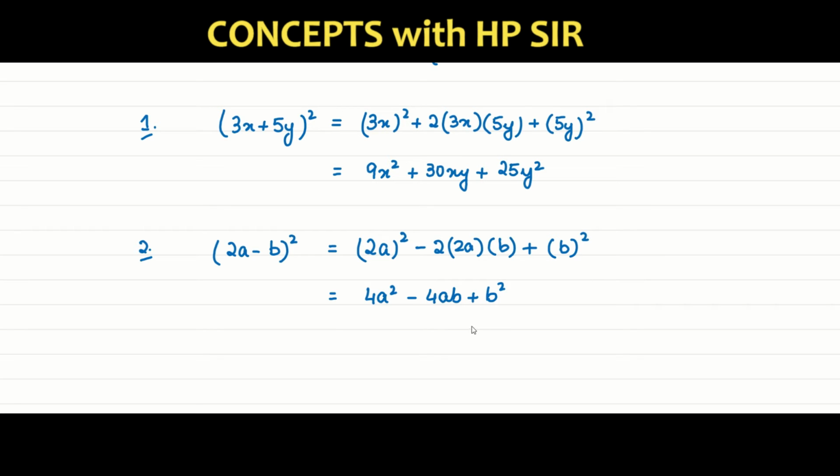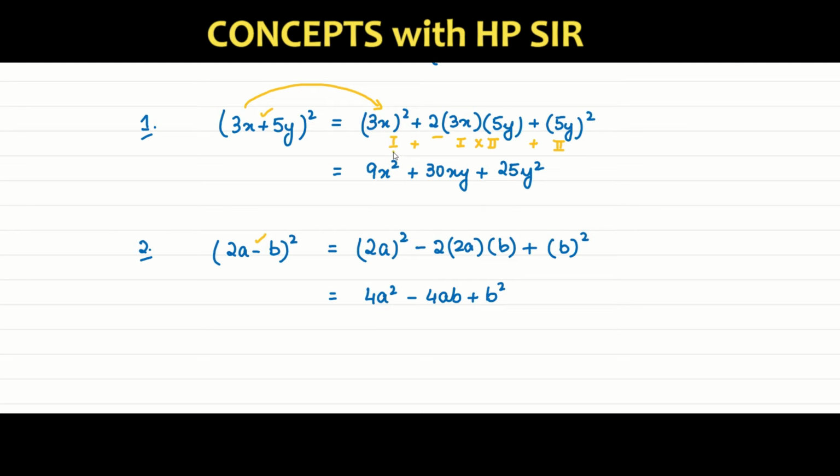So all you have to remember is that whether the sign is plus or minus, the identity states that you have to square the first term, then add twice of the first term multiplied by the second term, plus the square of the second term. So always remember to solve the question in this way.